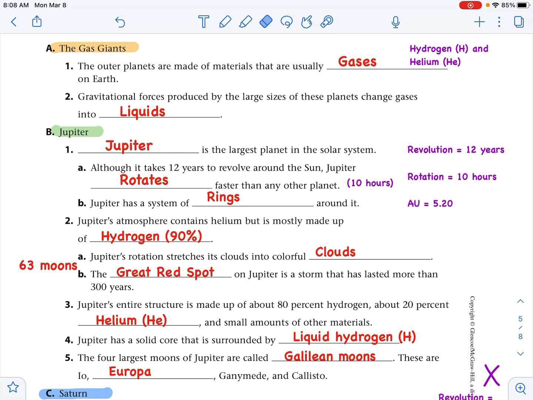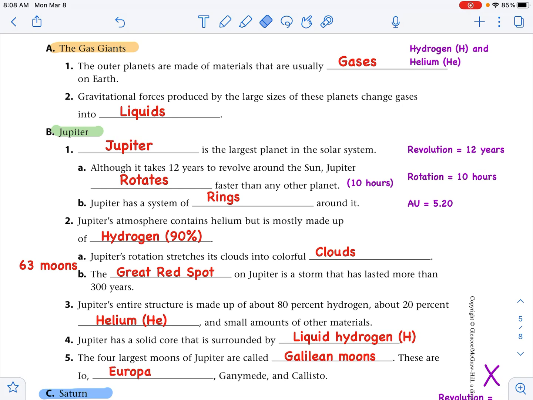Jupiter's entire structure is made up of about 80% hydrogen and 20% helium and small amounts of other materials. Jupiter has a solid core that is surrounded by liquid hydrogen. That's due to that gas turning into a liquid at those high pressures. The 4 largest moons of Jupiter are called Galilean moons. These are Io, Europa, Ganymede, and Callisto.